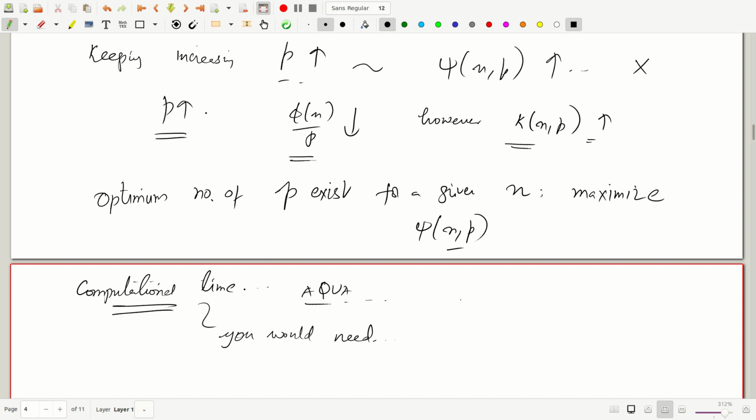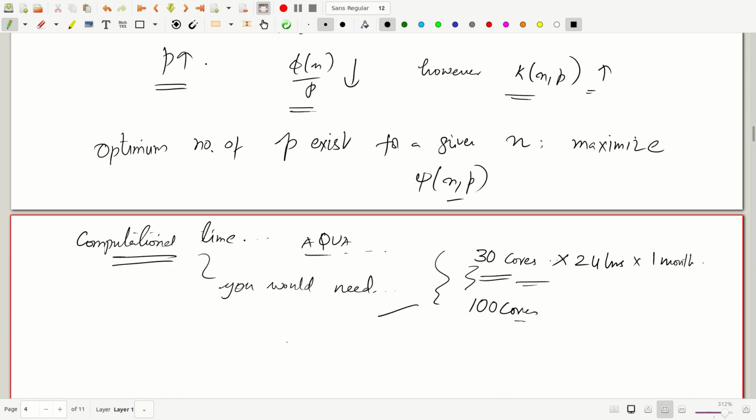You may say I would need 30 cores for 24 hours a day for a month, or maybe 100 cores, and then you would convert this into number of core hours. You put that in your proposal, and if the granting agency finds merit, they would give you these many hours of computational time on a particular machine, and you will be able to run it.